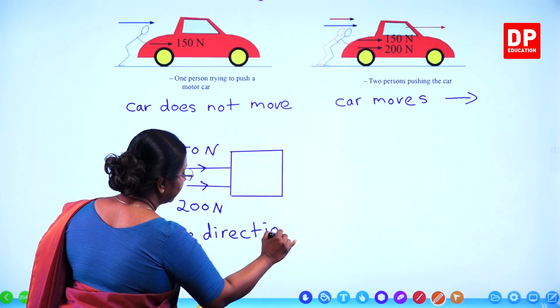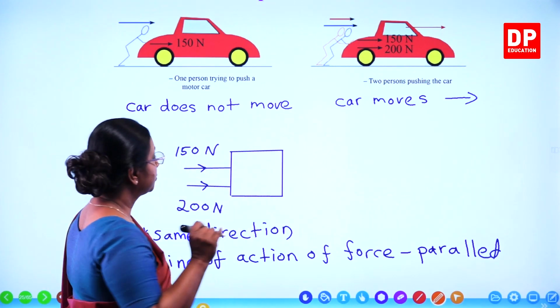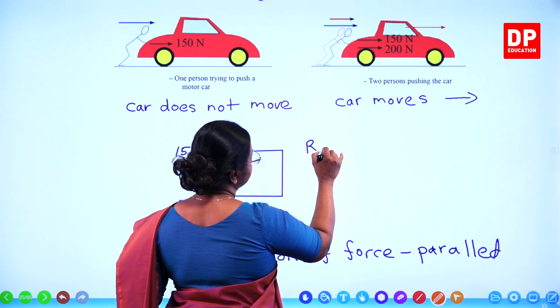But the line of action of the forces, that is parallel. The forces are parallel. So what is the resultant?